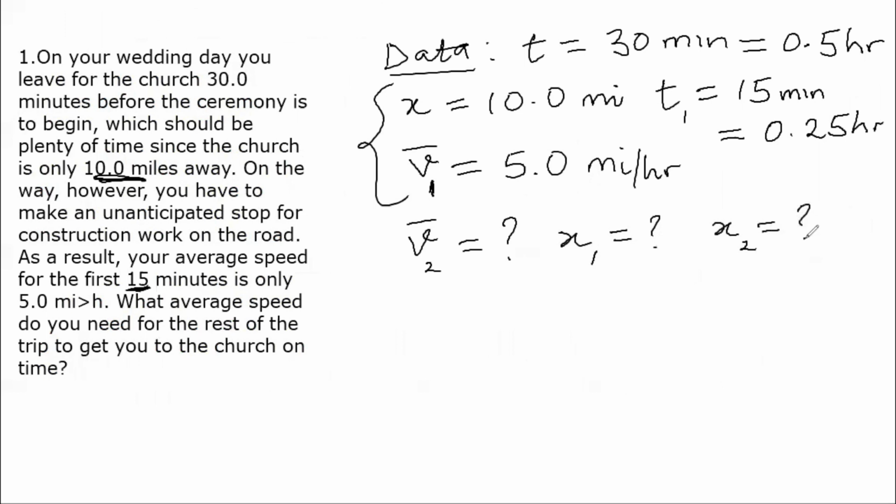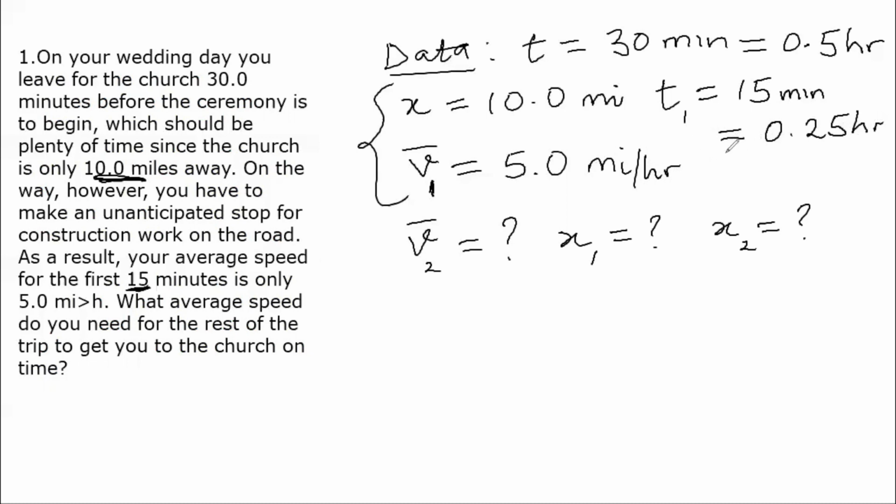Okay, so now what strategy are we going to use in order for us to solve this problem? You can see that here we have the average velocity. By the way, I must mention that I'm not bothering to change these miles per hour into kilometers per second or whatever units you want, because I know that these units are consistent because the time has been given in hours.